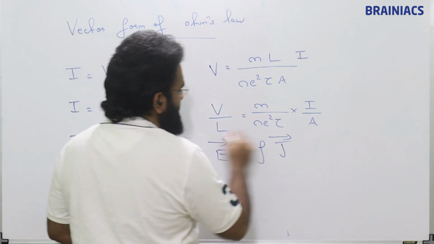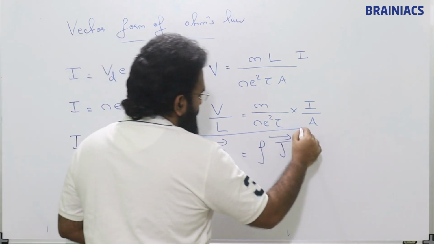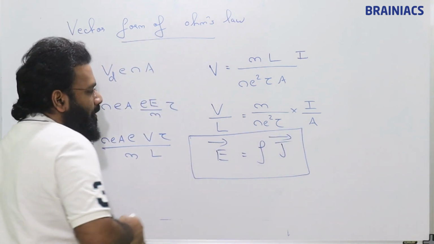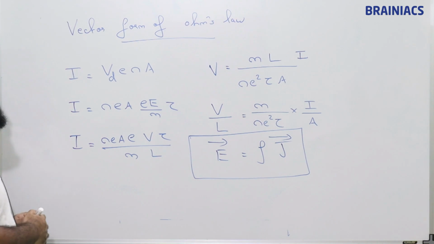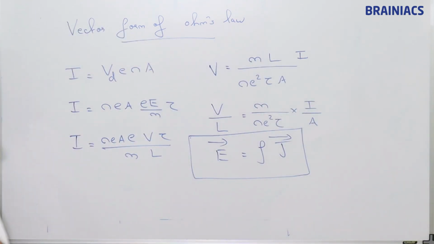So this is the vector form of Ohm's law: E is equal to resistivity into current density.